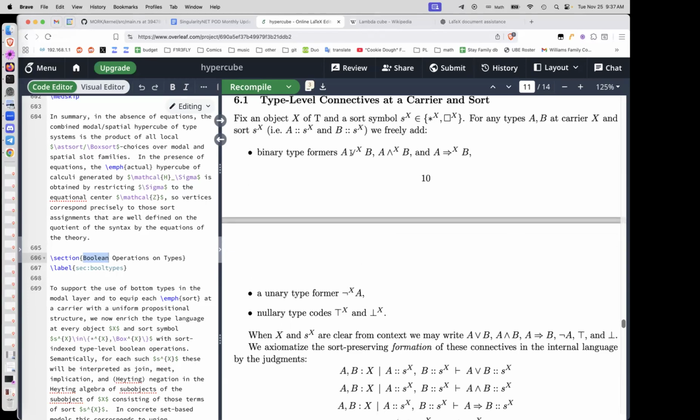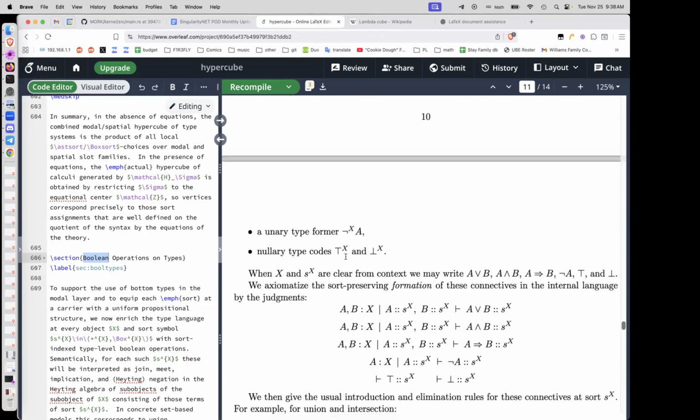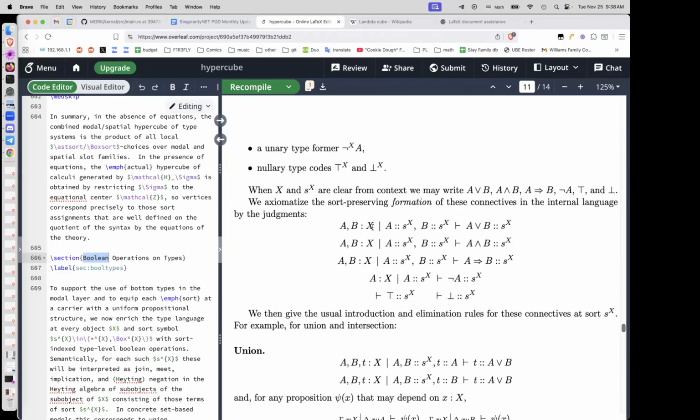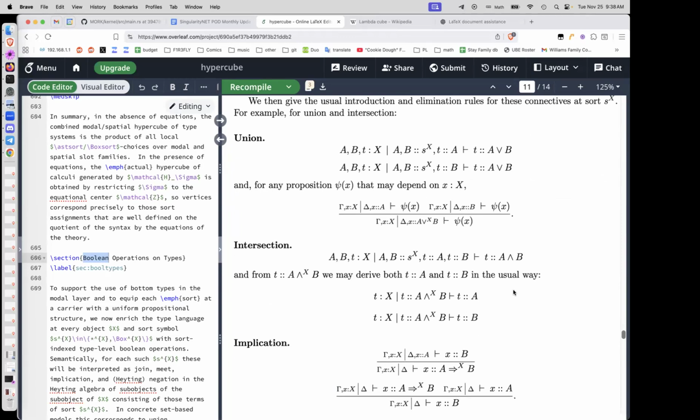So here we add union, intersection, implication, negation, top and bottom being the full thing and the empty thing. Formation rules say they've got to be elements of the right object, and these types have to be of the same sort, and then we get this union that is of the same sort, and so on.